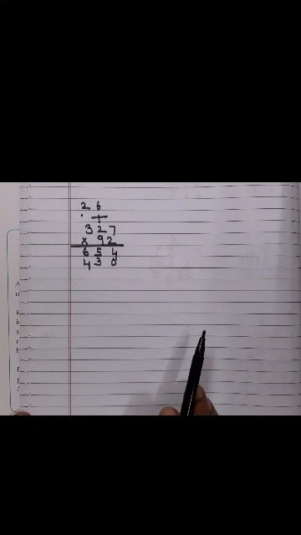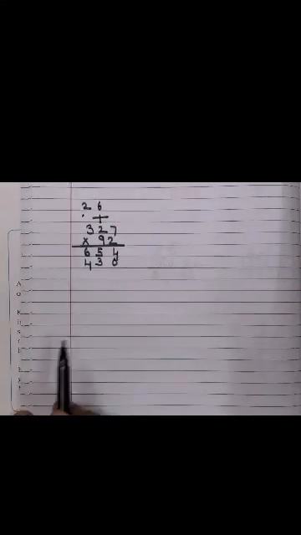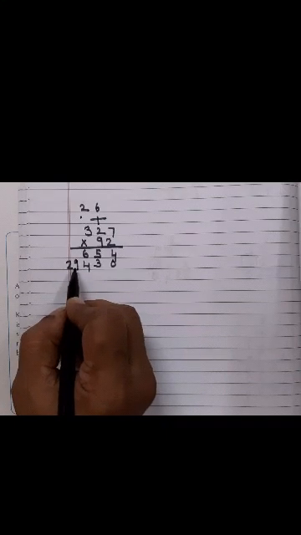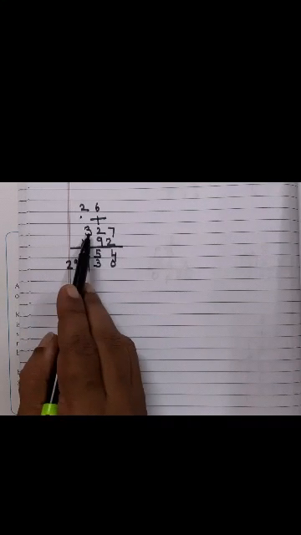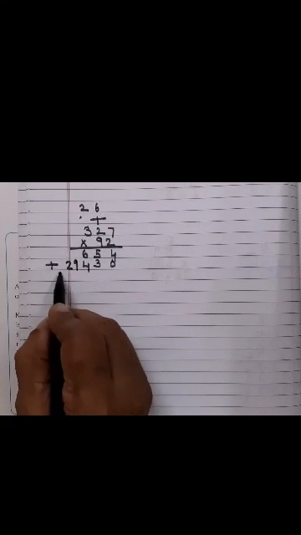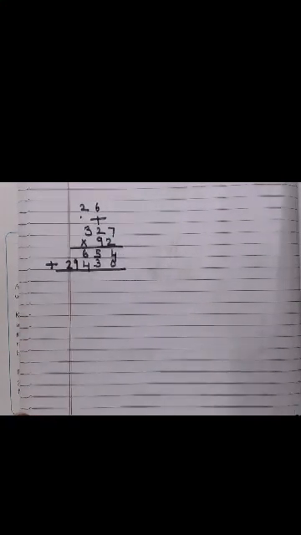Now 9 3s are, yes, 27 and then you add 2. So you get what? 29. So 2 here and 9 here. Children, the whole 29 we put here because we are done with the multiplication. There's no other place value here. So then you put the sign addition and now you add.